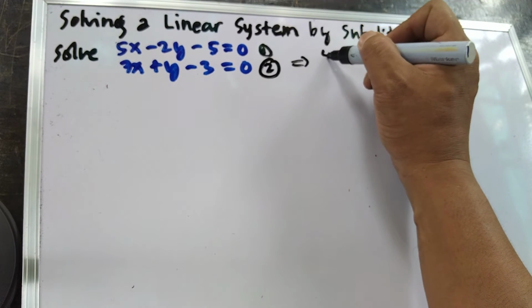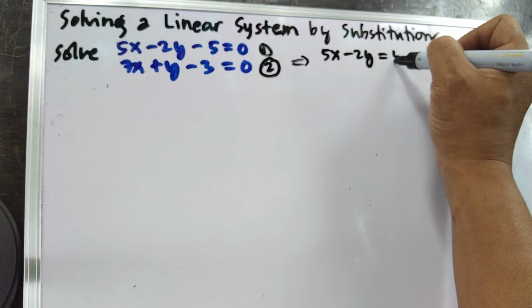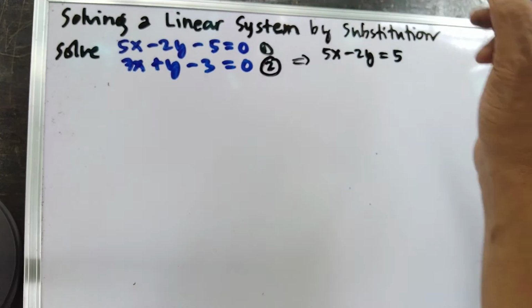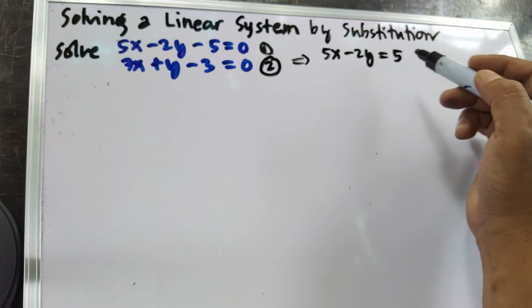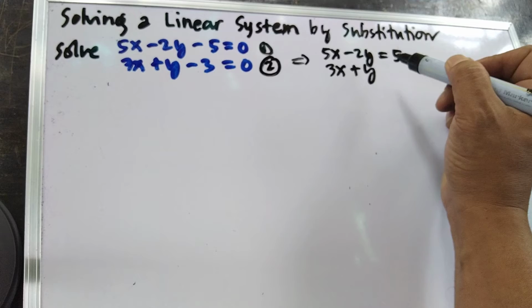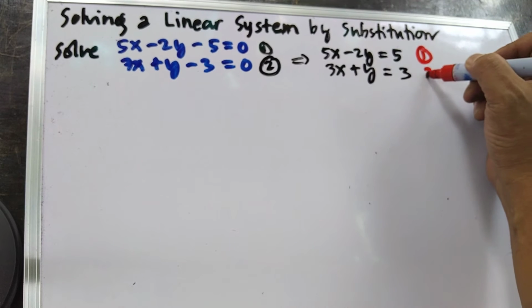So this becomes 5x minus 2y is equal to 5, because negative 5, if you transpose it to the right side, becomes positive. The second equation would be 3x plus y is equal to 3. That would now be our equation 1 and equation 2.